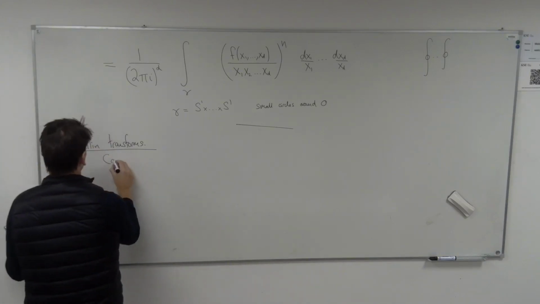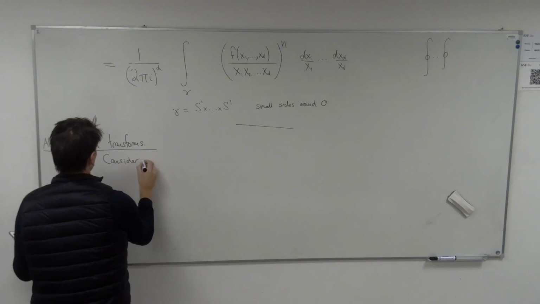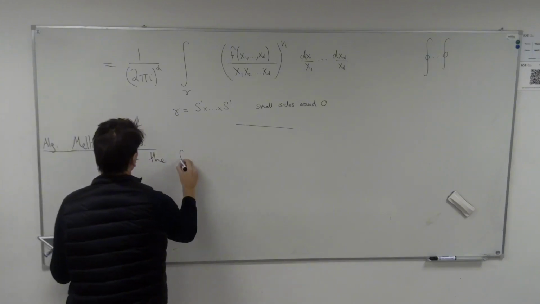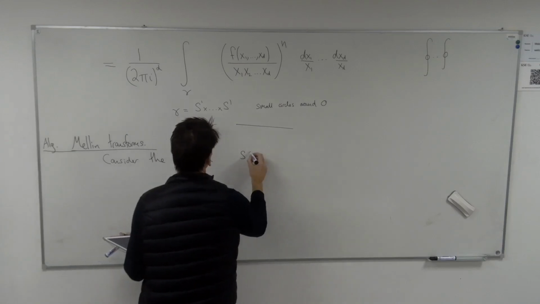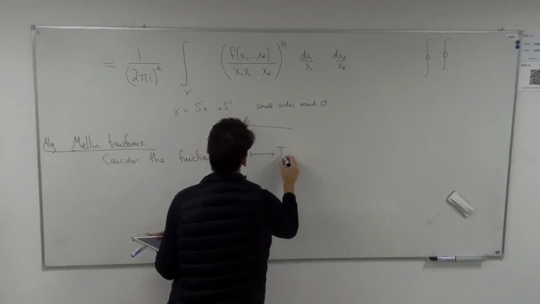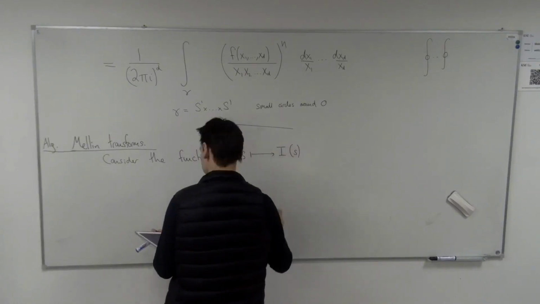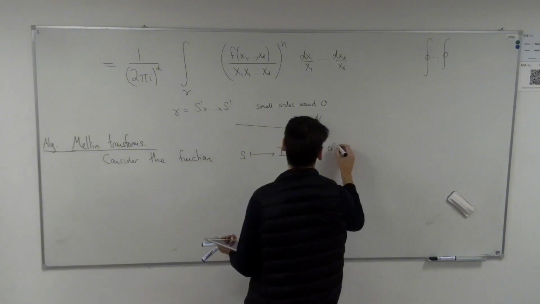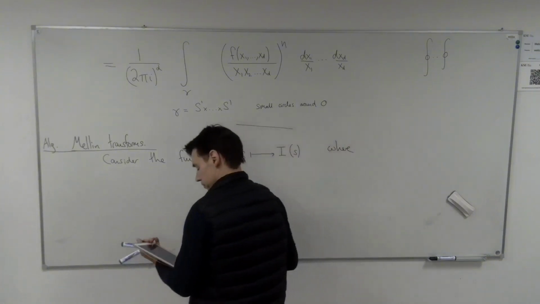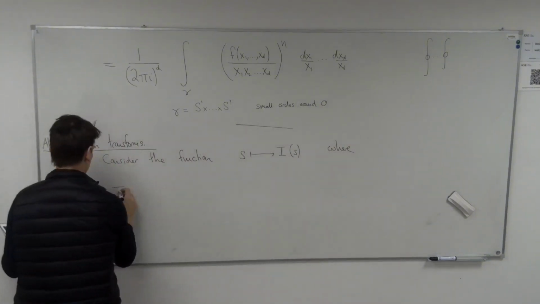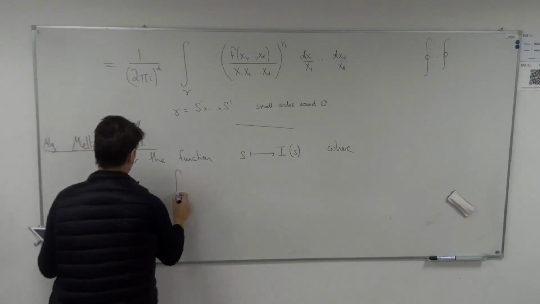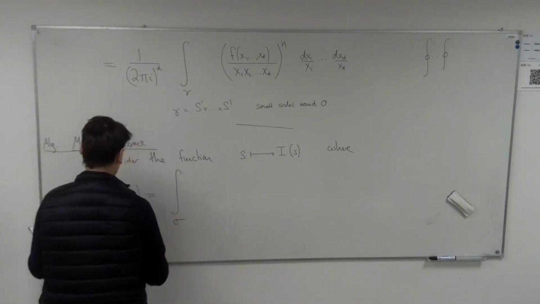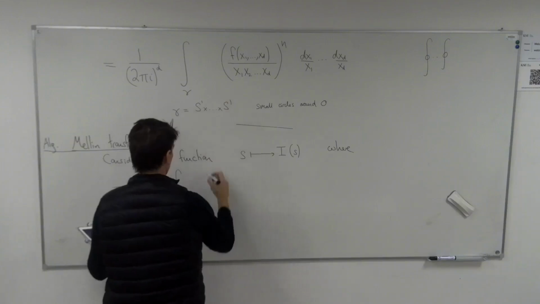So consider the function s maps to I of s, where we're going to do what I said.